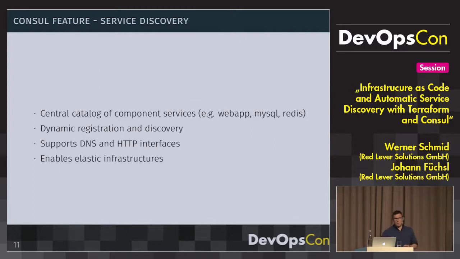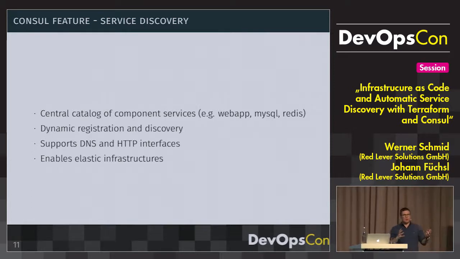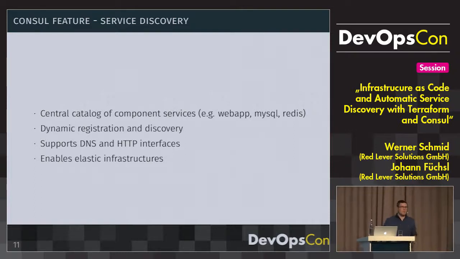Service discovery basically means you have a central catalog of component services that offer something that something else needs, like, for example, in a web app, a database, maybe a cache, maybe something else.